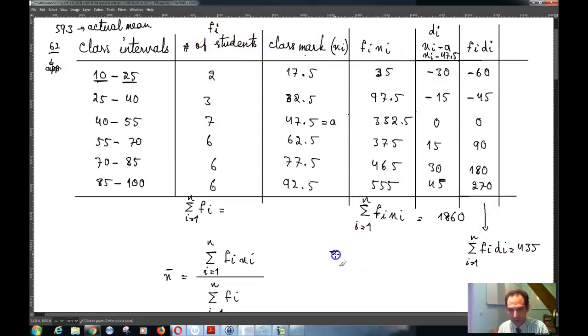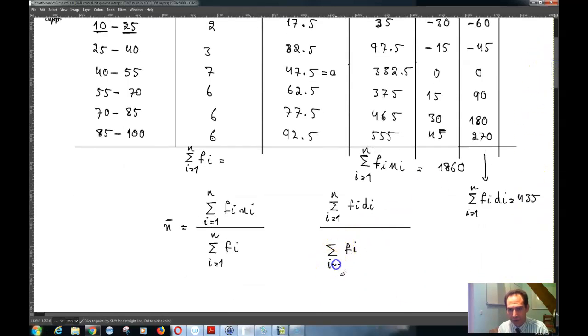So if I write sigma f of i d of i as i goes from 1 to n, and divide that by sigma f of i as i goes from 1 to n, that would be basically d bar, right? I can call it d bar, the mean deviation, or the mean of deviations.